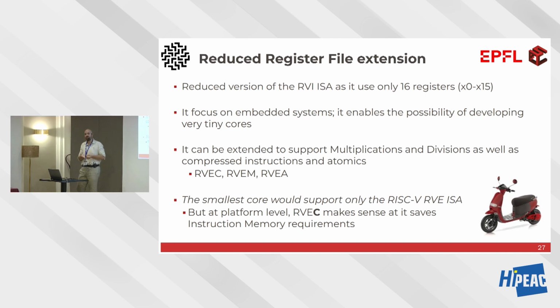And if you don't really need your CPU to have more than 16 registers, then what RISC-V is saying is that if you're really targeting super ultra low power applications, very small CPUs, get rid of the latter 16 registers. And now your final area is smaller.